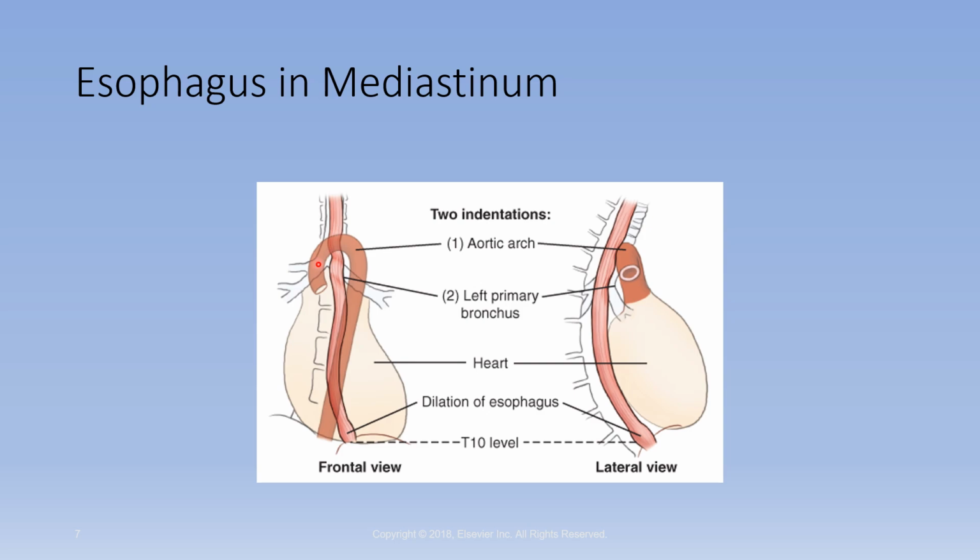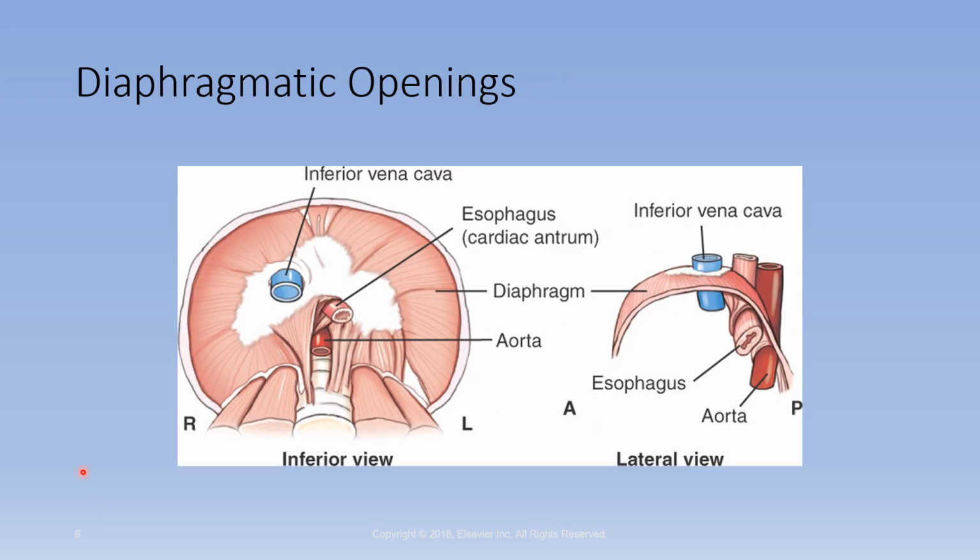You can see the trachea and the carina, where it bifurcates into right and left mainstem bronchus, and you can see the indentations in the esophagus from the front, and then you can also see these indentations from the side right here. Okay, so the esophagus again is about 10 inches long, and that is where we want food to travel down. We don't want it to go down the trachea, because then it would end up in the right or left mainstem bronchus, and the patient would aspirate.